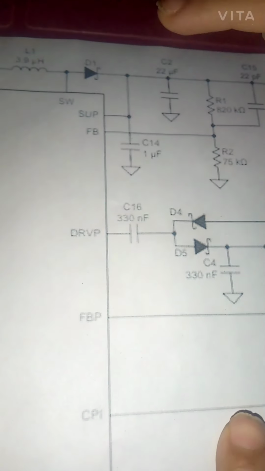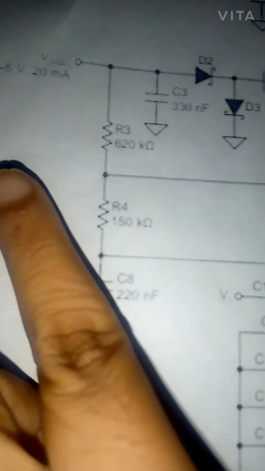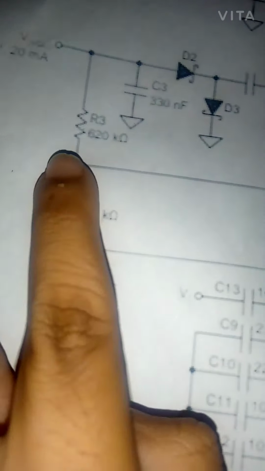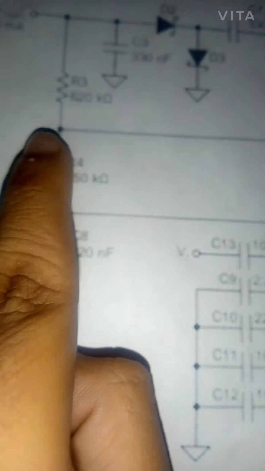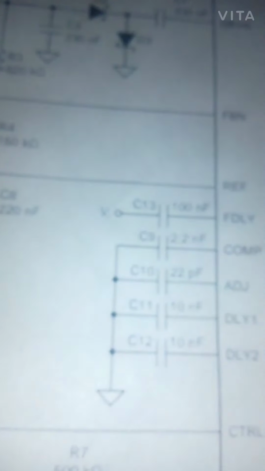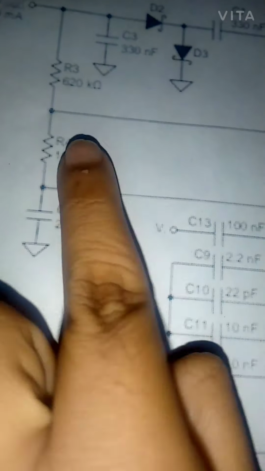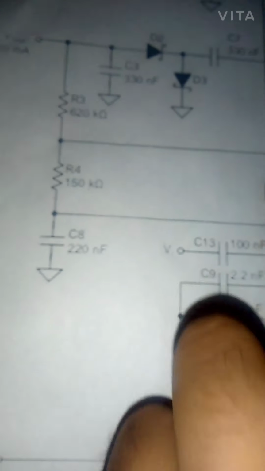There is also internal feedback, which means when the power source is a battery, as in a laptop display, and the battery is low or high, it can regulate the output voltage and the power. When regulating power, the feedback input is through this 220 nanofarad capacitor, with a 150 or 620 kilo ohm resistor in series to the reference input, as well as the feedback negative signal.